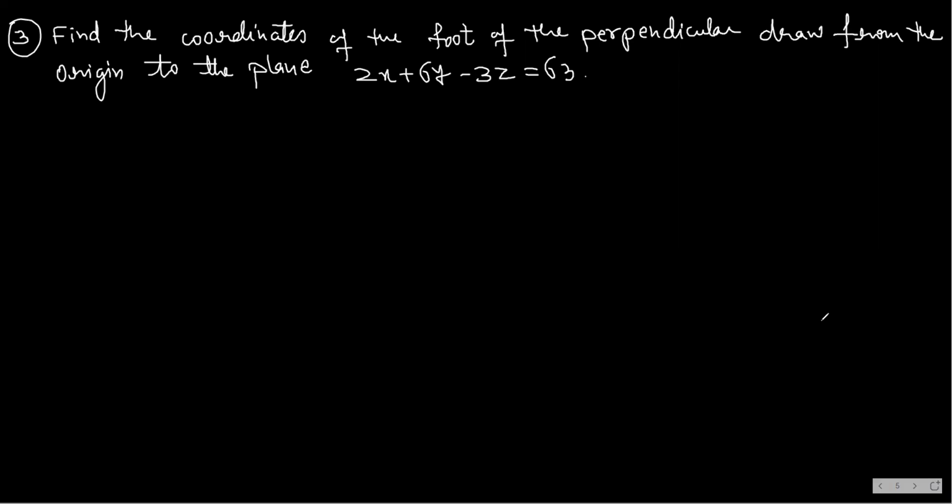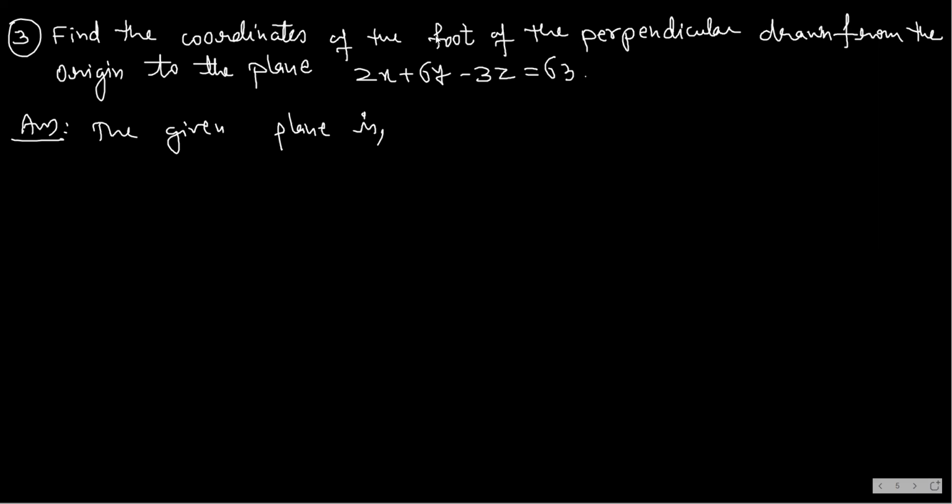Please copy this. In this third question, what we have to do: they say find the coordinates of the foot of the perpendicular drawn from the origin to the plane.